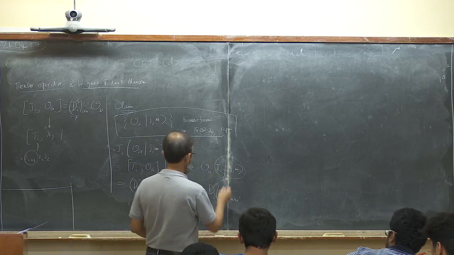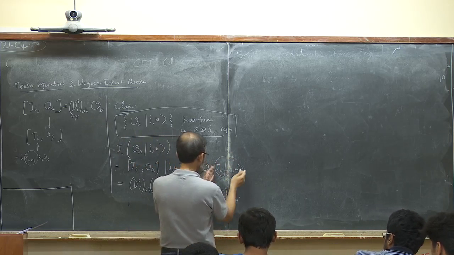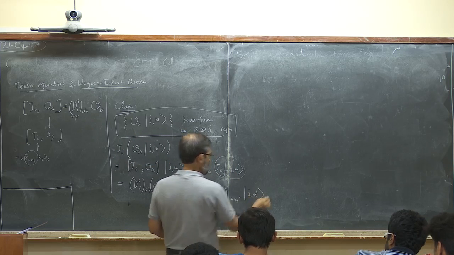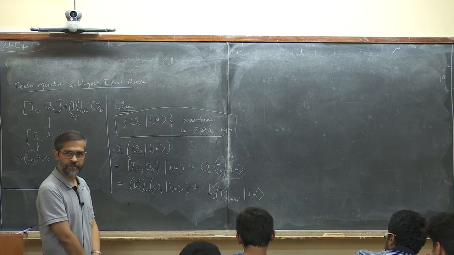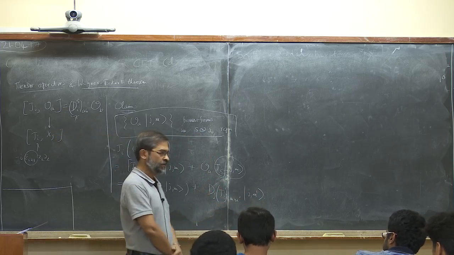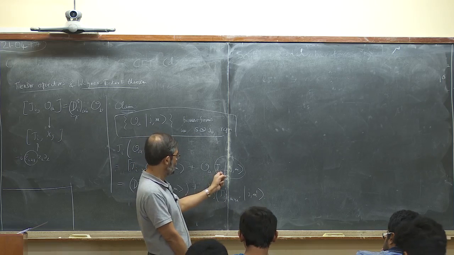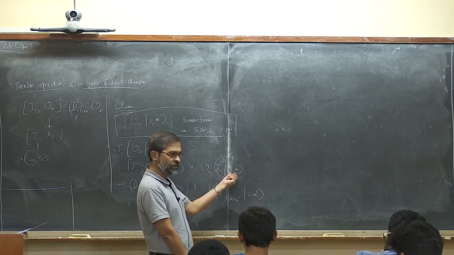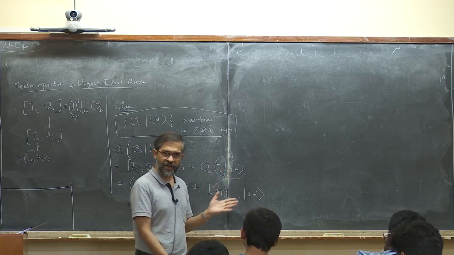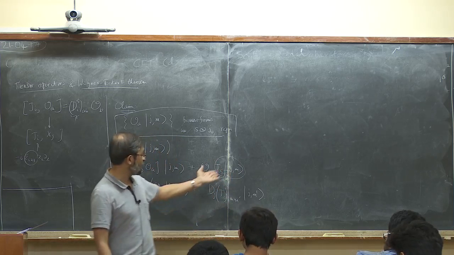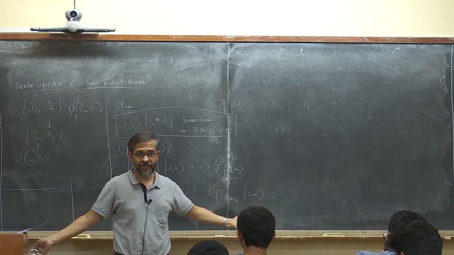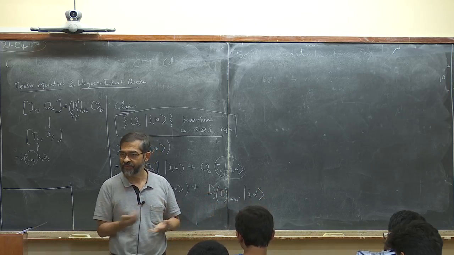Let me do it in two steps. Everybody with me? This is equal to this, because it's just a representation of J_i on this J, m state. But these operators are acting on some Hilbert space which can perhaps contain all possible representations.